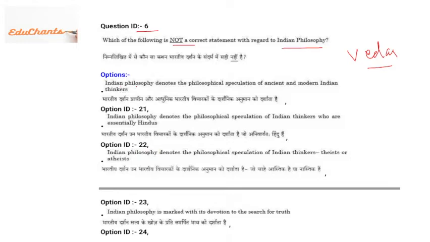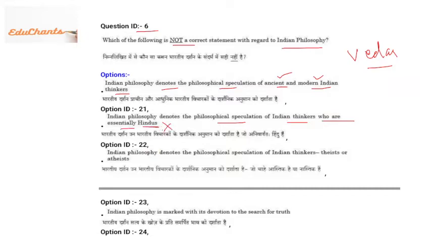So the first option is, Indian philosophy denotes the philosophical speculation of ancient and modern Indian thinkers. Definitely it is correct. Then the second option, Indian philosophy denotes philosophical speculation of Indian thinkers who are essentially Hindus.